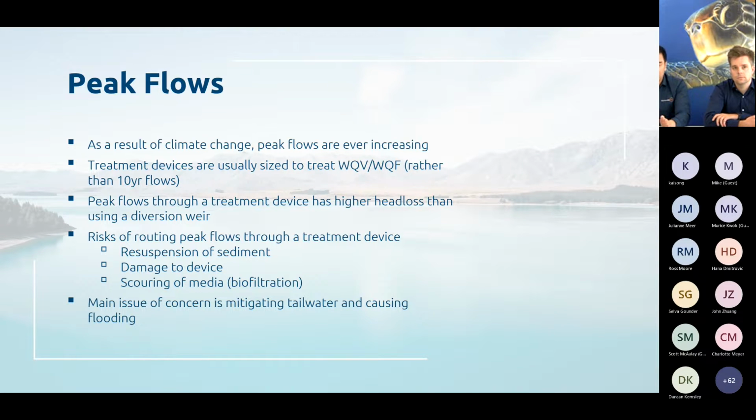So when there's high peak flows going through the treatment system, there's some risk of it resuspending some of the sediment that has settled down. It can maybe even damage some of the treatment system's treatment mechanism, and even for biofiltration systems especially, it can start scarring some of the media. So to manage these peak flows, we need to put the treatment system offline.